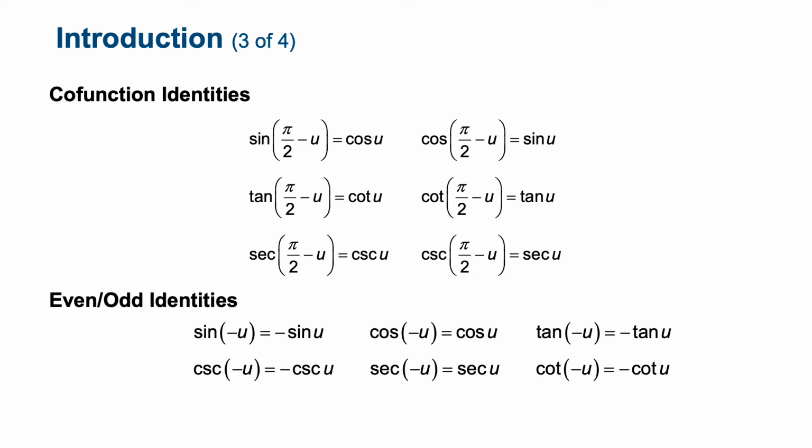So sine is odd because sine of negative u is equal to negative sine of u. Cosine is even: cosine of negative u is equal to cosine of u. Tangent is odd: tangent of negative u is equal to negative tangent of u. Cosecant is odd, secant is even, and cotangent is odd.